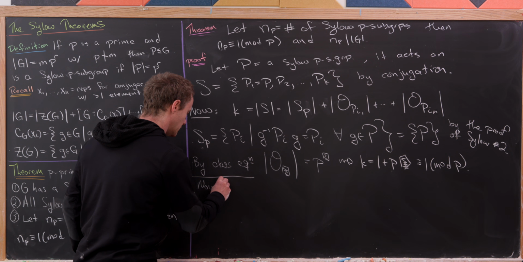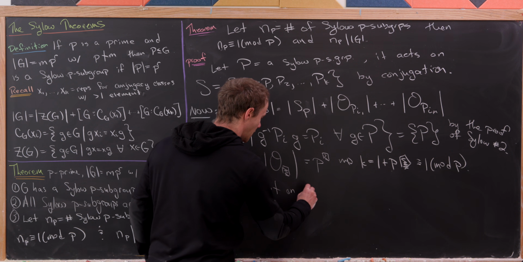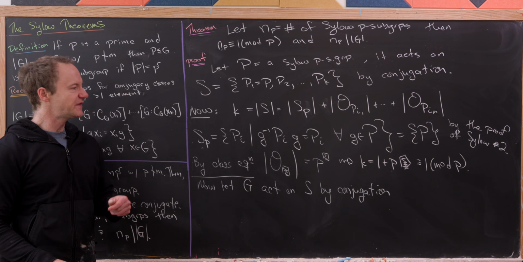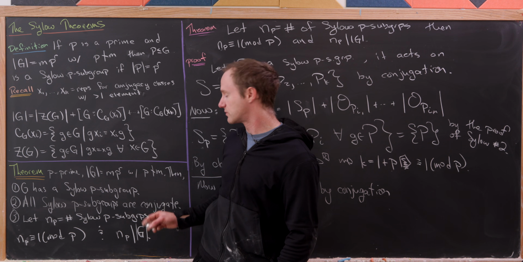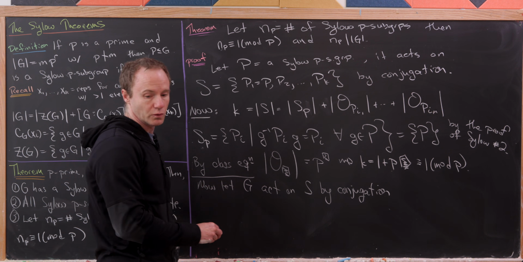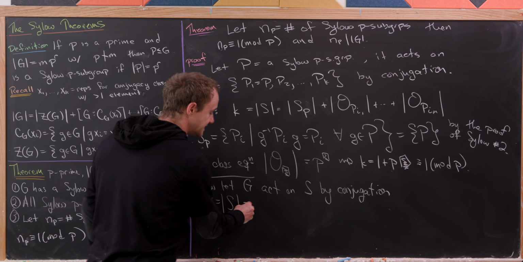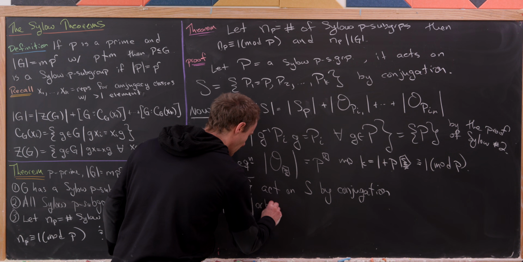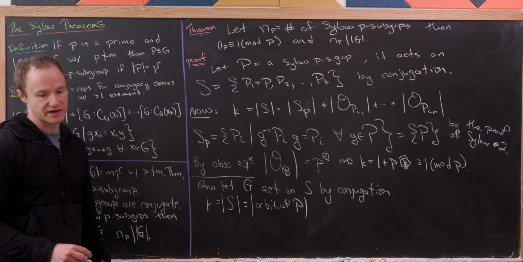So now let's let G itself act on S by conjugation again. But then we know by Sylow number 2 that all Sylow p-subgroups are conjugate. So what that tells us is that the size of S, which is again k, is equal to the size of the orbit of P, because everything is just a single orbit here.